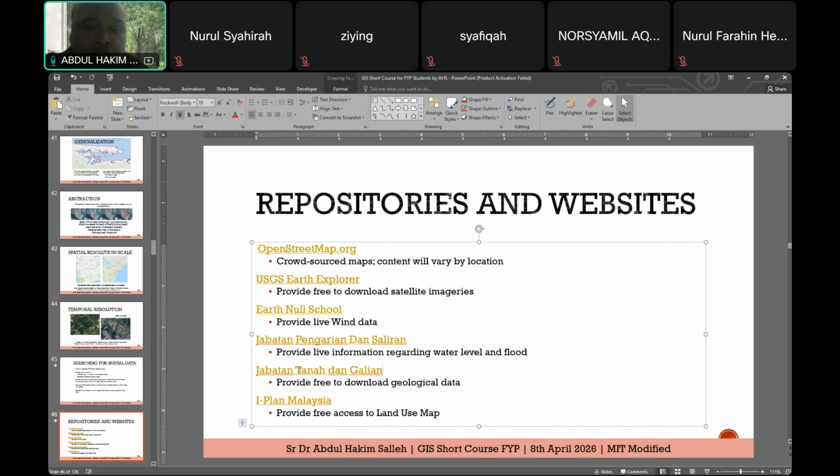Next is the minerals resources government agencies. Okay, it provides you free downloadable geological data. And the last one is the iPlan Malaysia, which gives you free access to land use map.